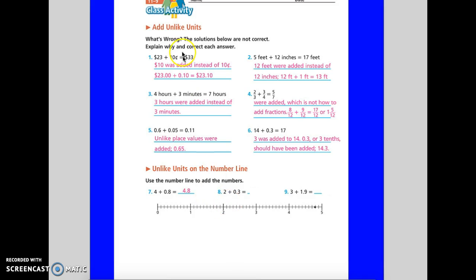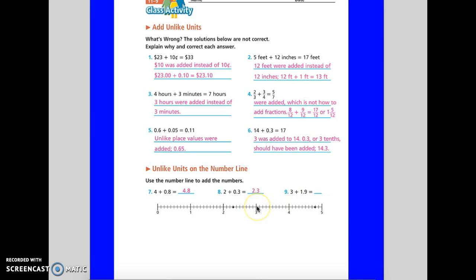All right, let's try this next one. 2 and 3 tenths. I'm going to go to 2, and now I'm going to go over 3. 1, 2, 3. If I added those together, I'd get 2 and 3 tenths. All right, now what about this one? 3 plus 1 and 9 tenths.